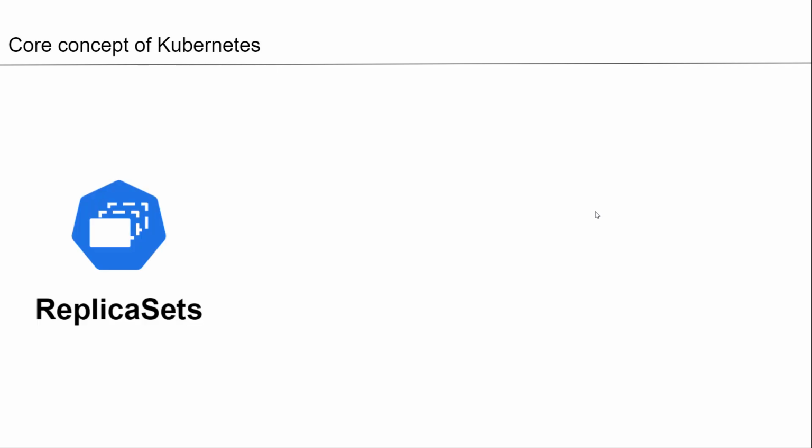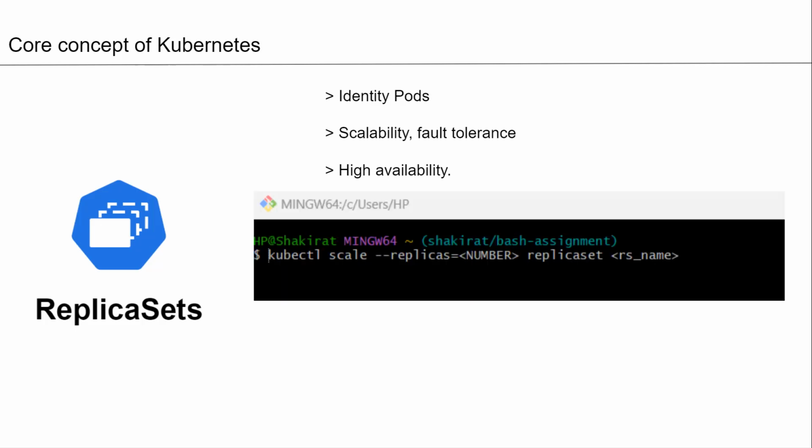The next concept I'm talking about is going to be the replica set. A replica set ensures that a specific number of identical pods are running at any given time. They provide scalability, fault tolerance, and high availability by automatically creating and removing pods as needed to maintain the desired replica count.